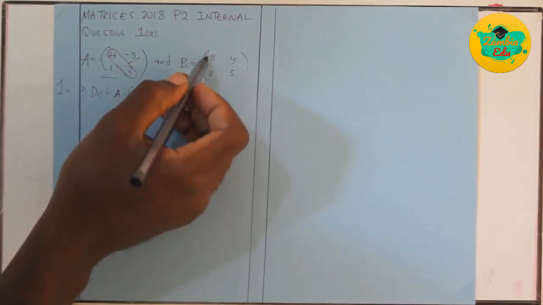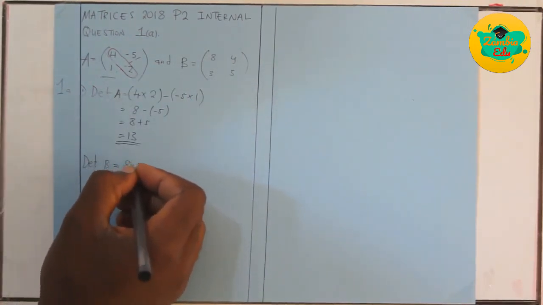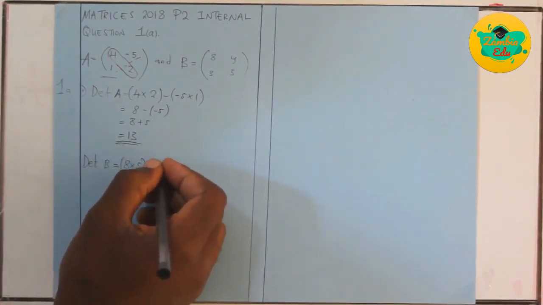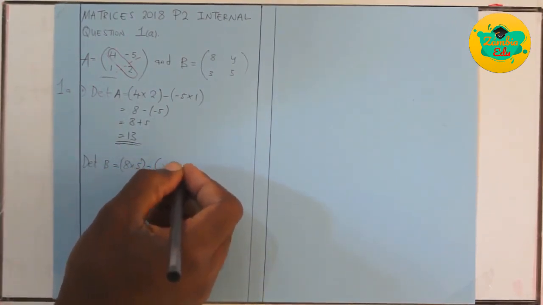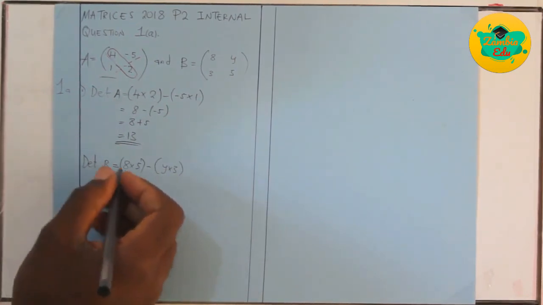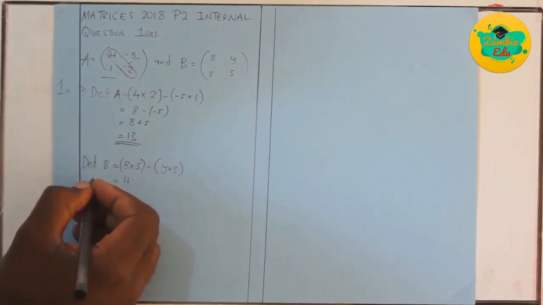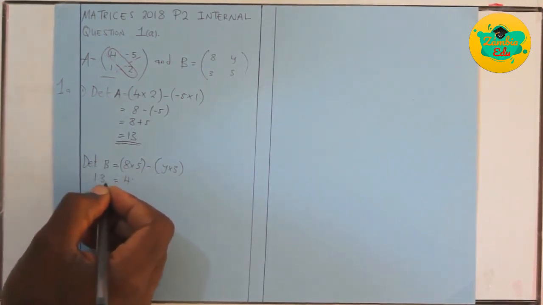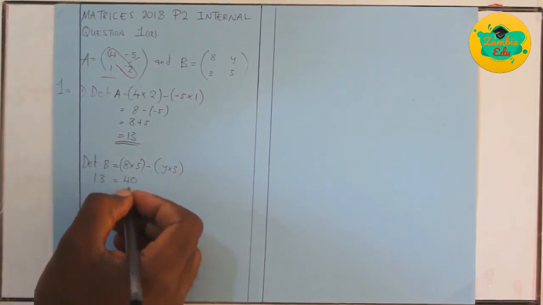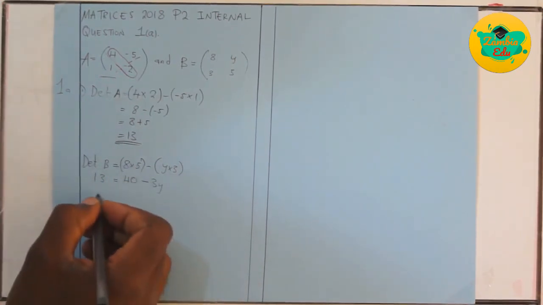So in this case, major diagonal is 8 times 5 minus the minor diagonal, which is Y times 3, which will give us, let's remember also to replace the determinant of B with 13 being equal to 8 times 5, 40 minus 3Y.